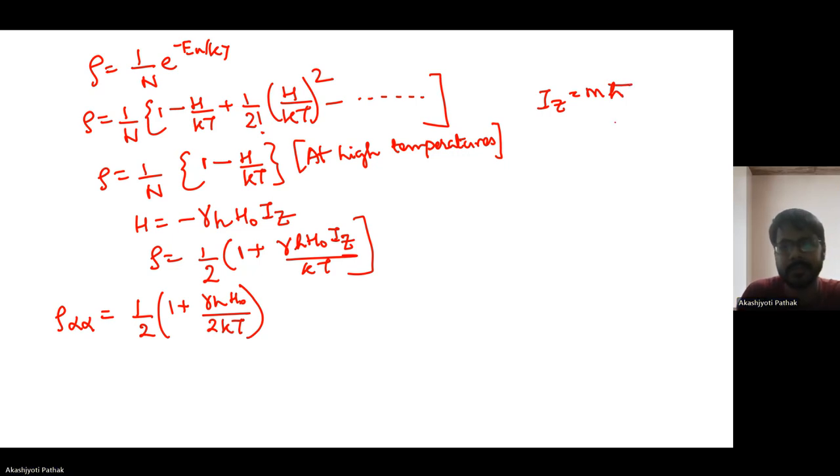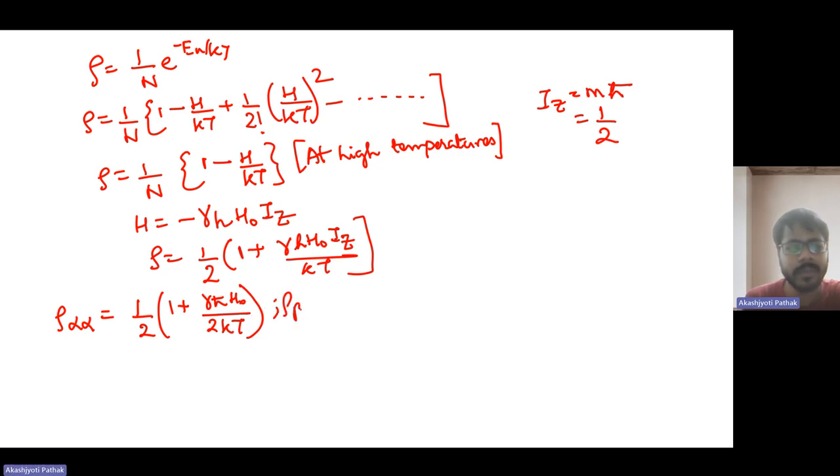For the alpha state, the magnetic quantum number is half. So you replace Iz and put half here, and you will get gamma h bar B naught by 2.